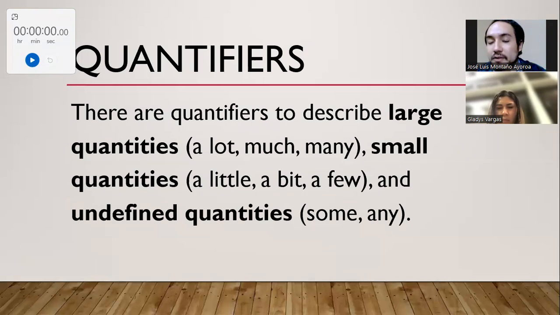Give me please one example using a little with something uncountable. You can say milk, for example, right? But use it in a sentence. What idea can you give me, Gladys, using a little plus something uncountable? I just want a little piece of cake. Okay, yes.